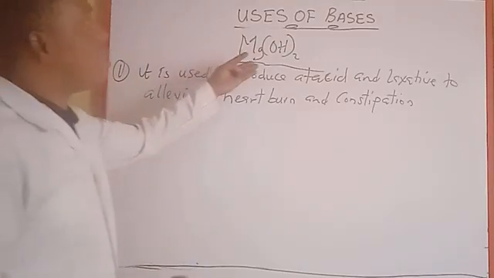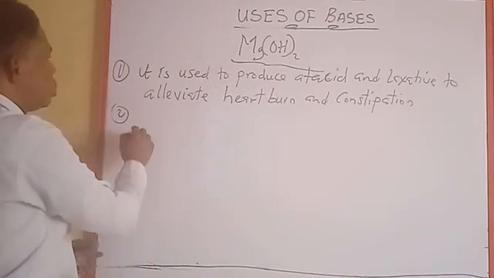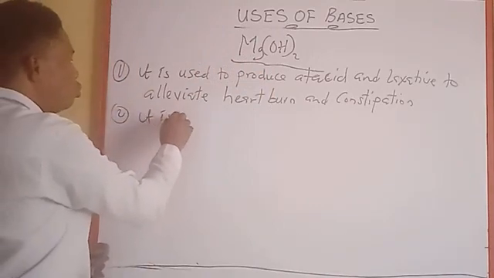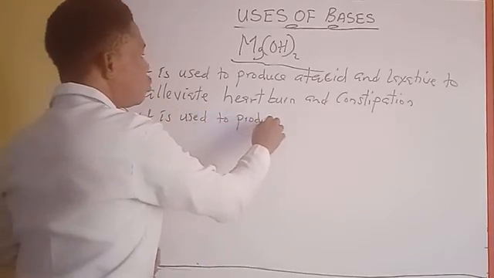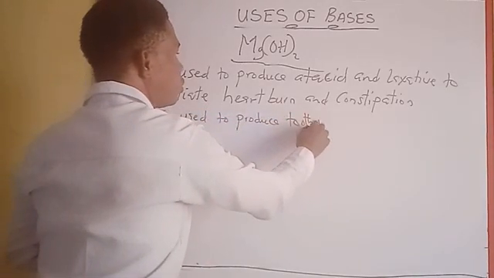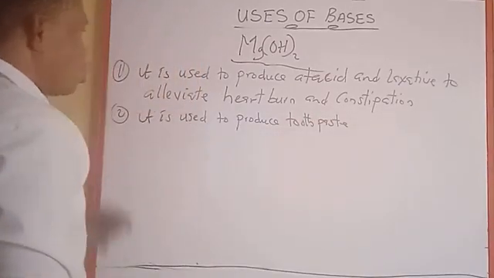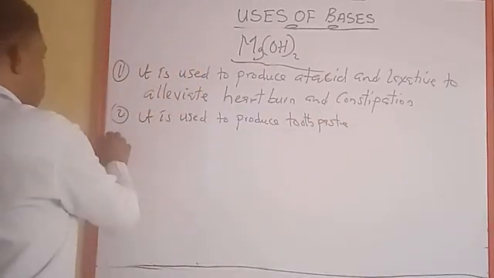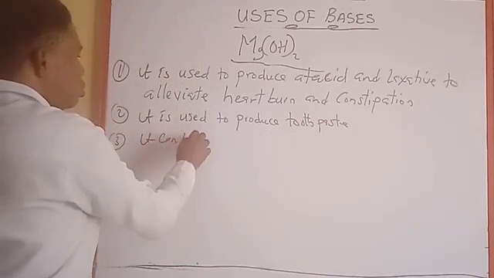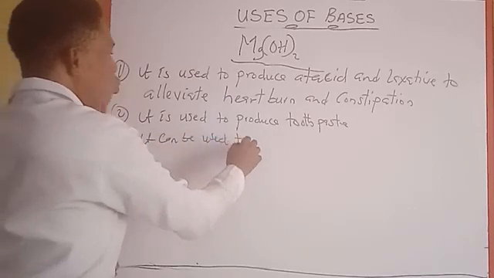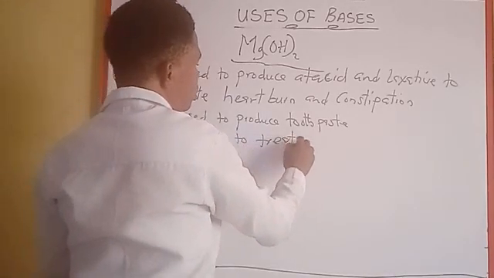Number 2, magnesium hydroxide is also used to produce toothpaste, the one you use at home. Number 3, it can be used to treat dandruff.